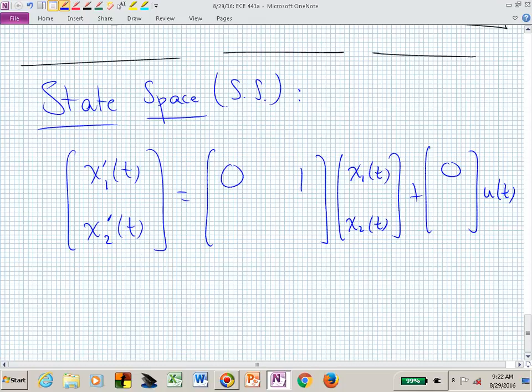And in the bottom row, x2 prime, or the acceleration, was equal to minus k over m times the position, which was x1, minus b over m times the velocity, which was x sub 2, plus gamma over m times u, where this is our A matrix, the system matrix, and there's our input matrix B.